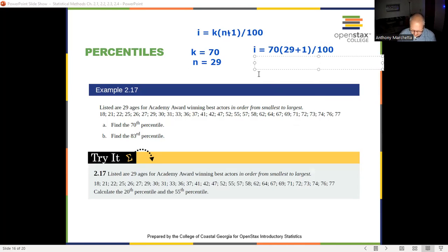With the calculator, I get 70 times 30, divided by 100, and I get 21. That's telling you that the answer is the 21st number I see. So let's count them: 1, 2, 3, up to 21. The answer is 64. 64 is our answer.